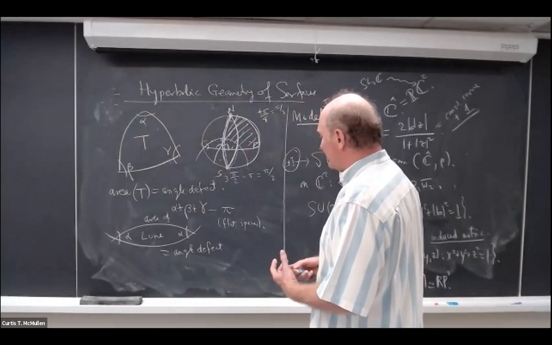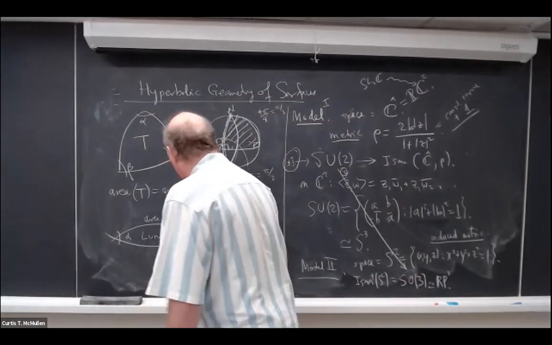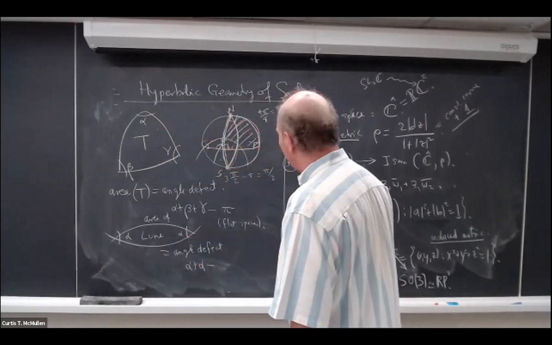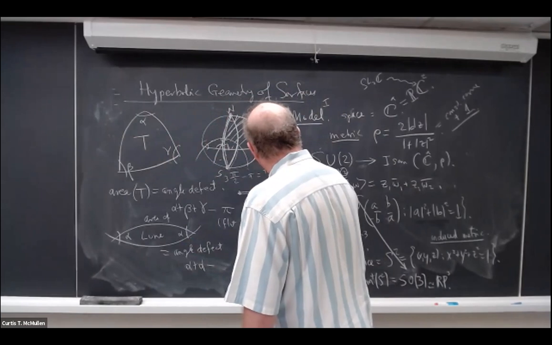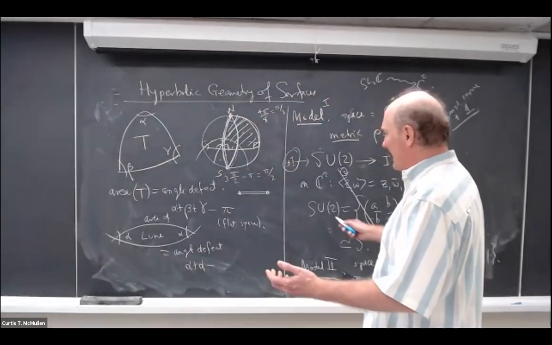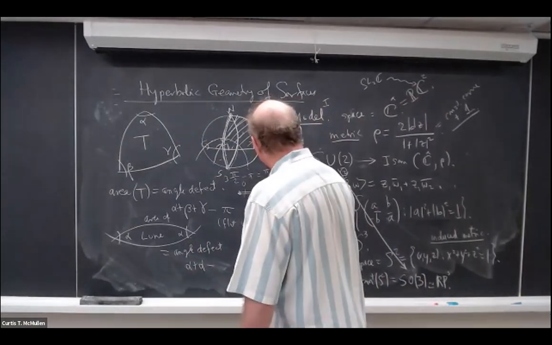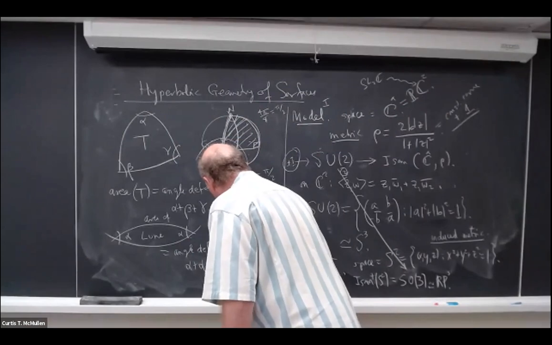The angle defect is the sum of the angles, which is alpha plus alpha, minus what they should be in Euclidean space. But in Euclidean space, if you have a bigon, that is two lines that begin and end at the same points, the angles are both 0. So the sum in Euclidean space is 0, and you just get 2 alpha.